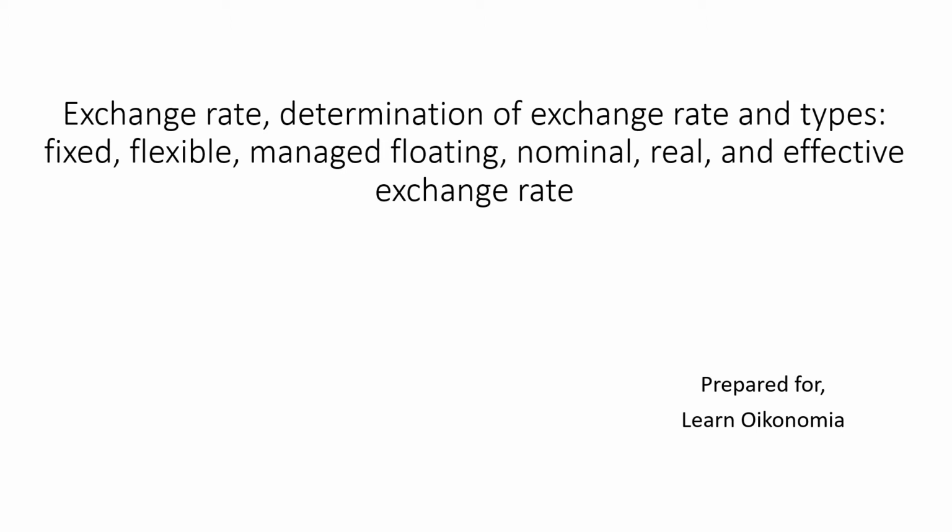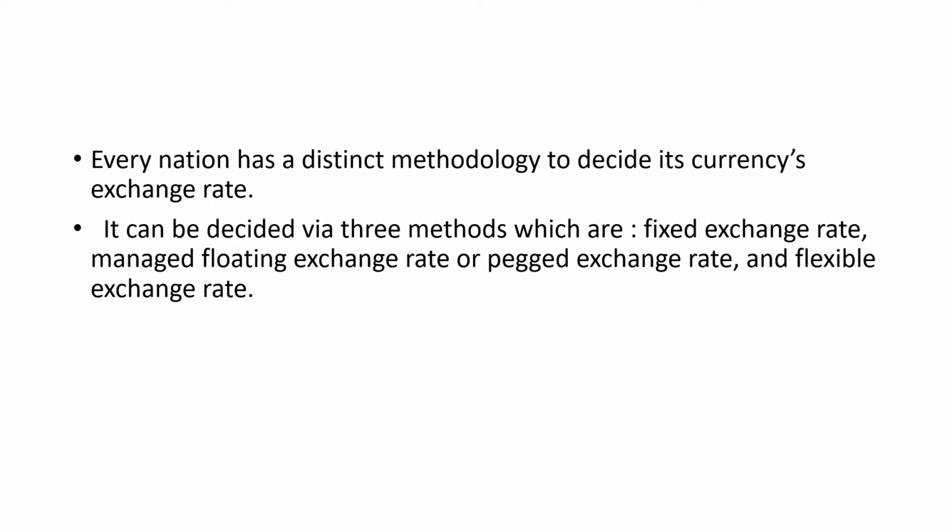So, let's get started. As we all know, exchange rate involves the value of a particular nation's currency in terms of some other nation's currency. So every nation has got a distinct methodology to decide its exchange rate, and this is decided especially via three different methods.